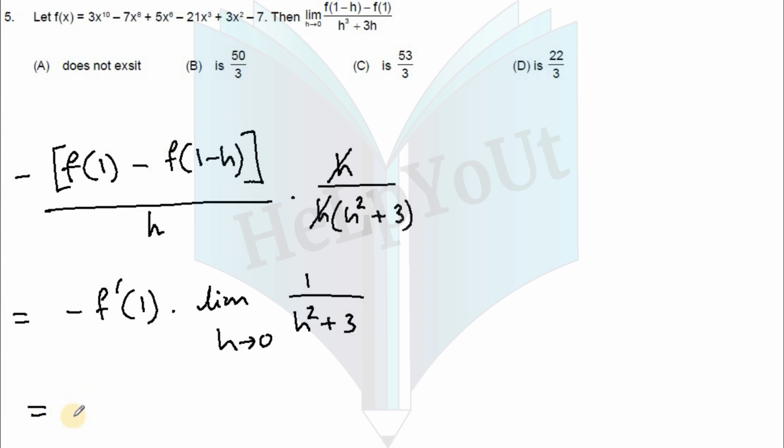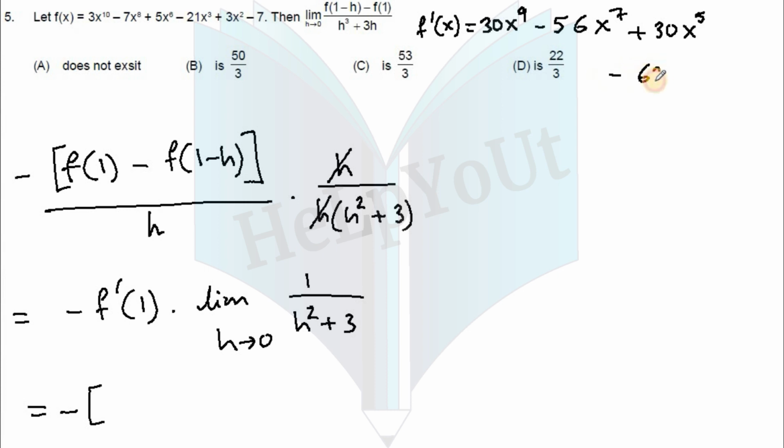So f dashed x is, let's find f dashed x here. F dashed x equals 30 x to the power 9 minus 56 x to the power 7, then plus 30 x to the power 5, then minus 63 x square plus 6x.